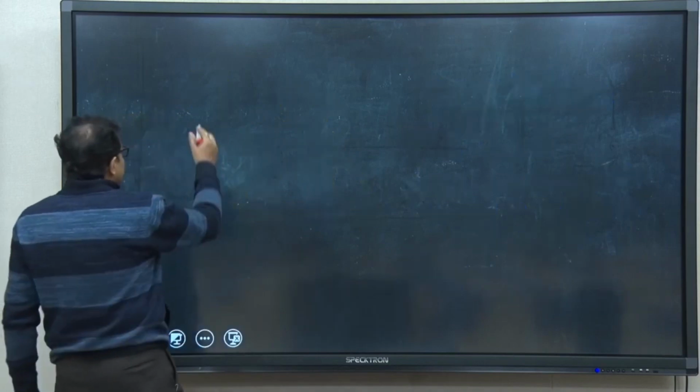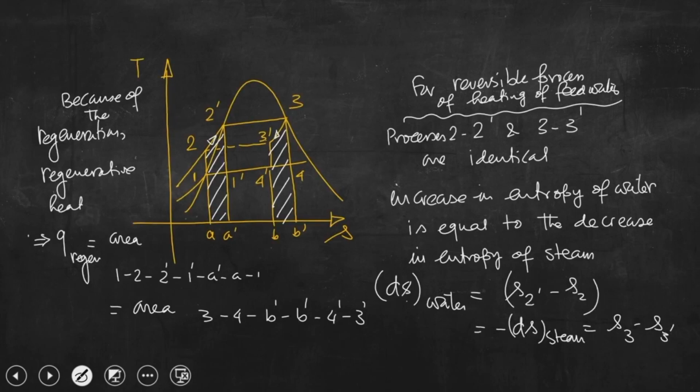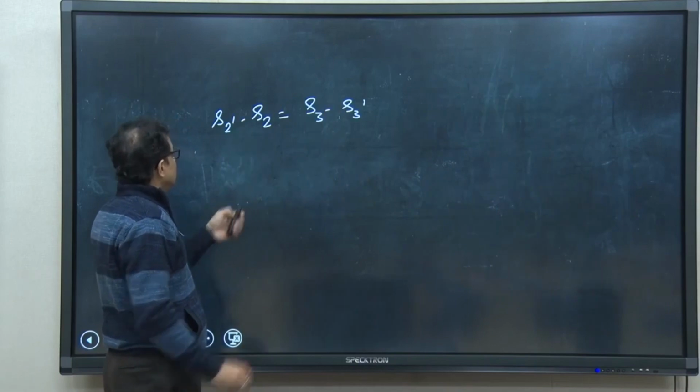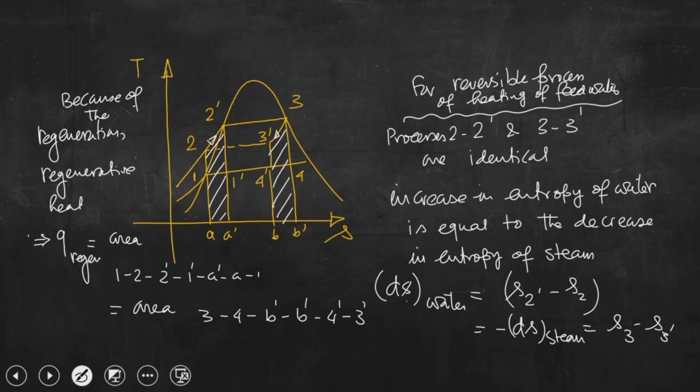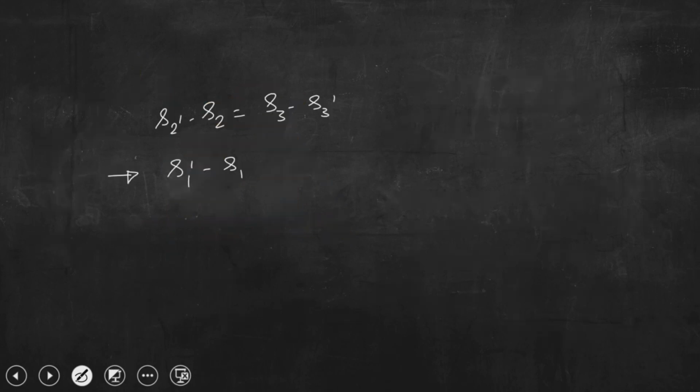Now, what we have written is that S2 prime minus S2 equals S3 minus S3 prime. What is S1 prime? S2 prime is equal to S1 prime. So, we can write S1 prime minus S1. S2 equals S1, from the TS diagram we can see. Similarly, S3 equals S4 and S3 prime equals S4 prime, right.